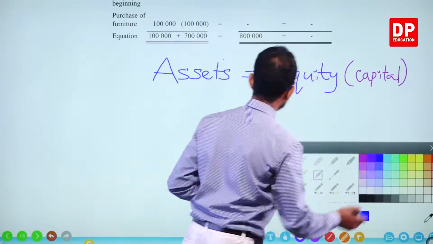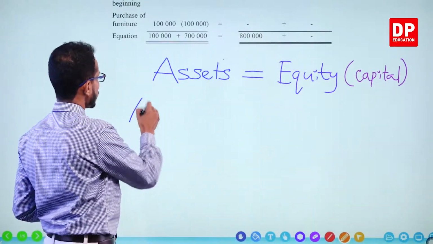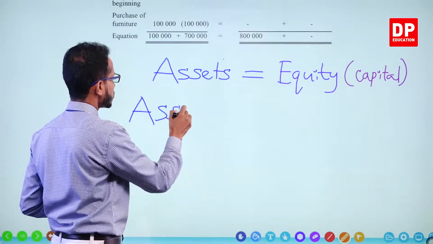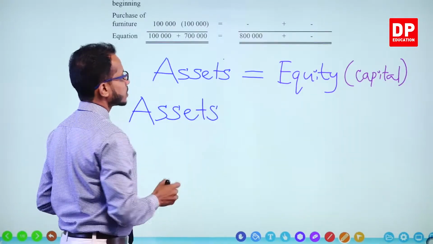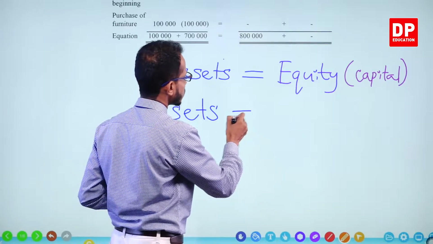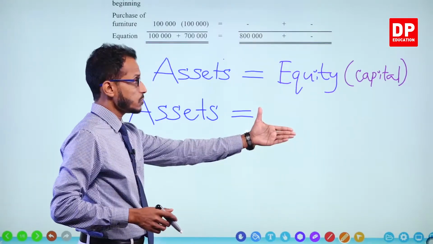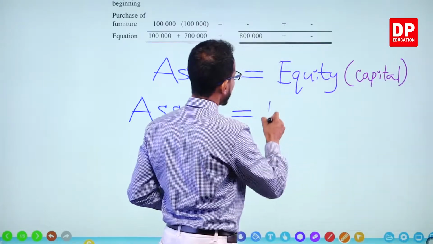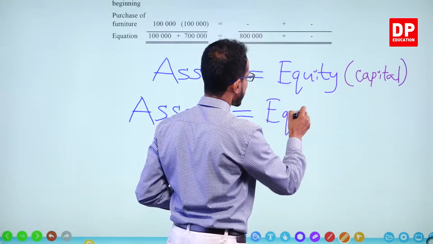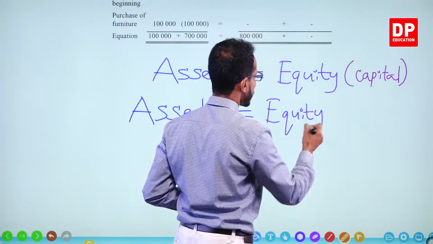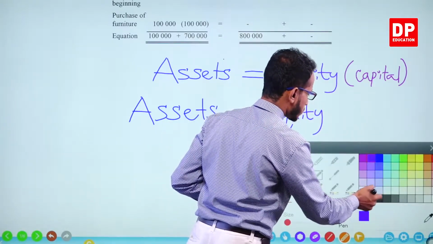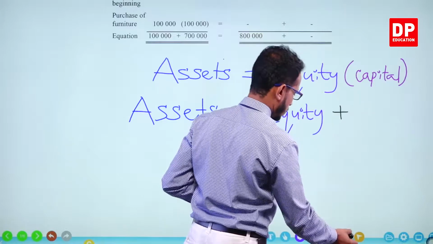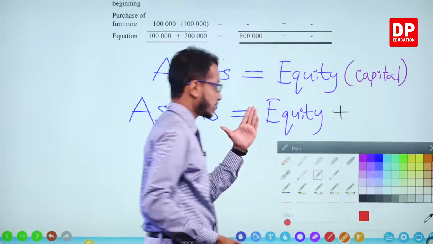How does the equation change? Assets equals equity plus liabilities. That's how the equation changes, right?